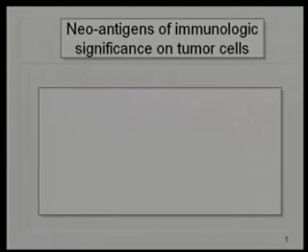Obviously, as I mentioned earlier, in order to have an immune response against a tissue that originated within the cell, there has got to be some difference between the normal and the malignant self-tissue. There are a variety of tumors where new antigens have been characterized.